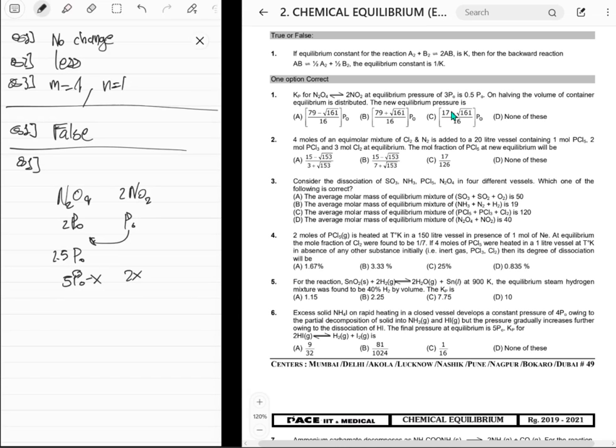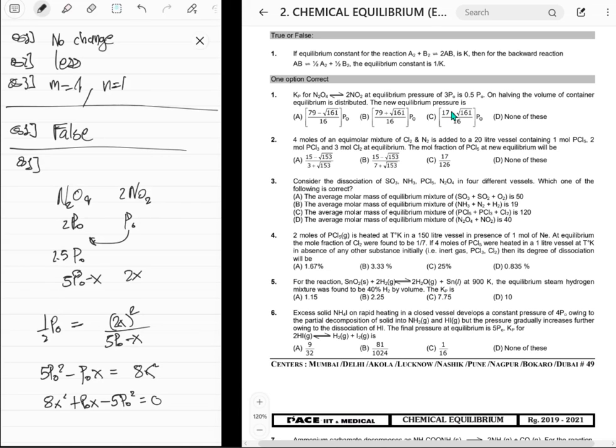So the new equilibrium pressure is, so like 0.5 P naught is 2X squared upon 5 P naught minus X. Right, so 5 P naught squared minus P naught times X, that thing is 8X squared. So hey, it's the same as the previous one. No, it's slightly different. So P naught X.